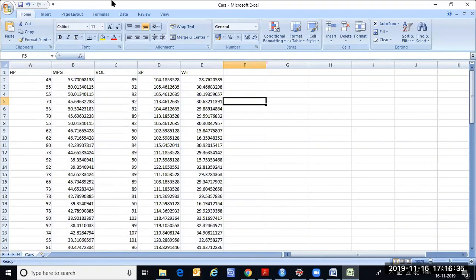By looking at this, what is the output variable, friends? What is the y variable?